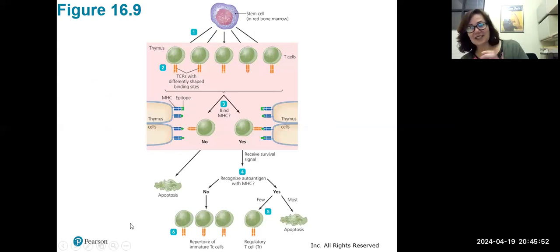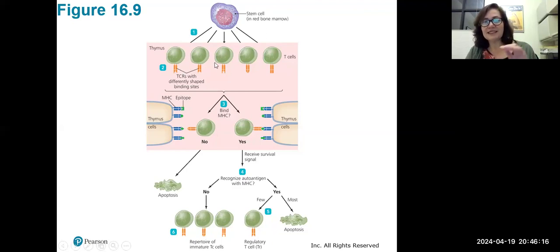And actually, okay, this is an important point. This is a deletion. So when the immune system is forming, when a fetus is in utero, you start having the cells first forming. Some of these cells are duds.